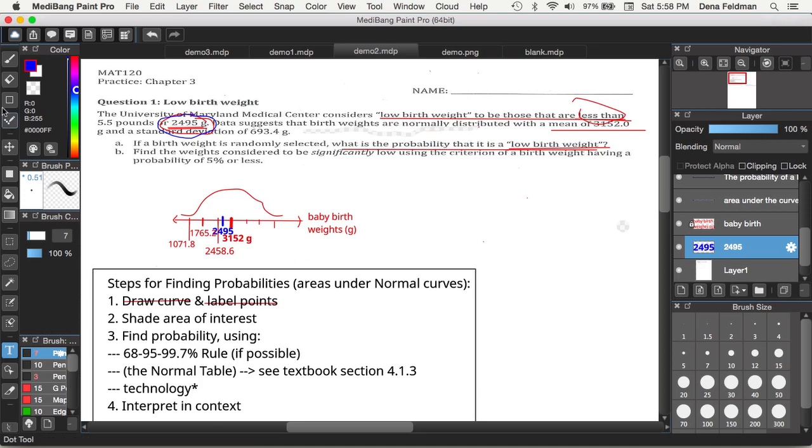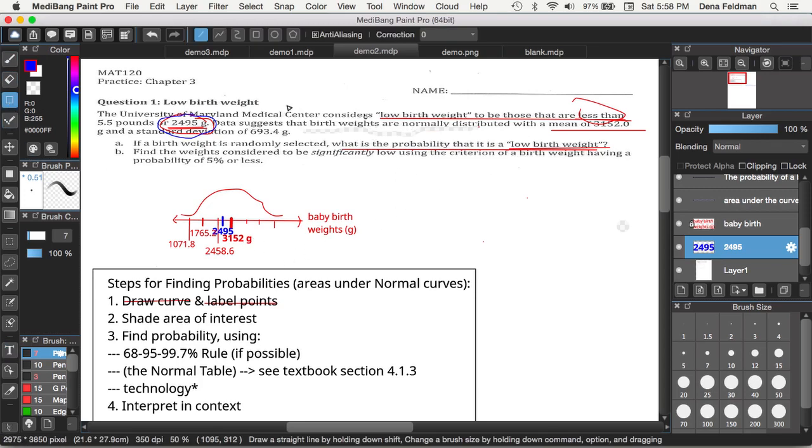So again, I'm interested to know what's the probability that a baby has a low birth weight. Step 1, draw the curve and label the points. Now I've labeled all points, because labeling all the points also includes the point that I'm interested in, the 2,495 right here.